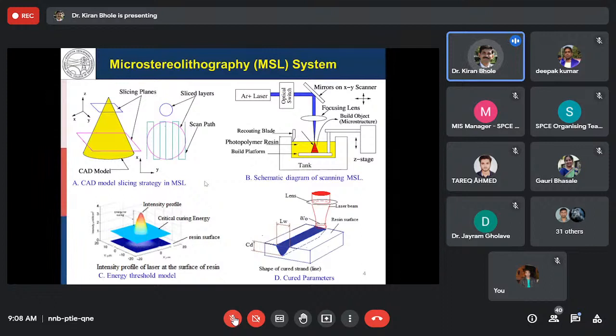The variant of the MSL which I am discussing here is the outcome of the PhD work of one of our participants of this MDP, Dr. Suhas Deshmukh. So it is his PhD work.